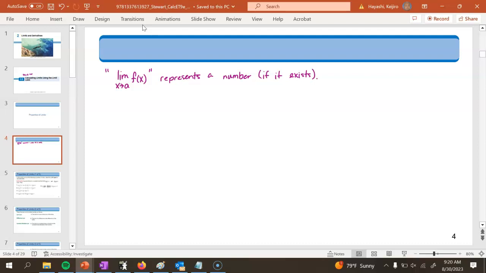Okay, and because they represent numbers, they can be combined in the way that numbers usually can.